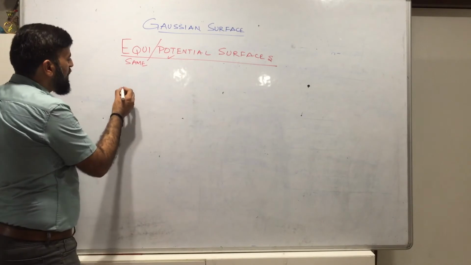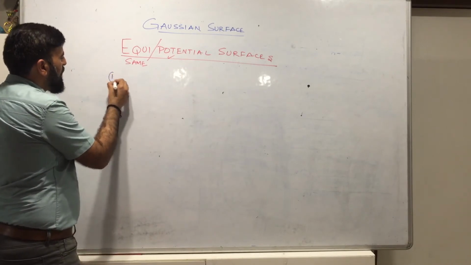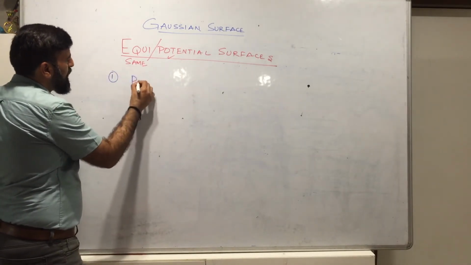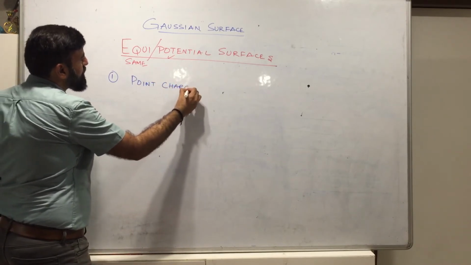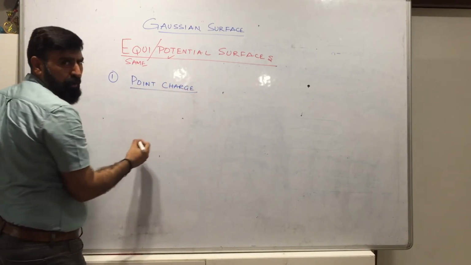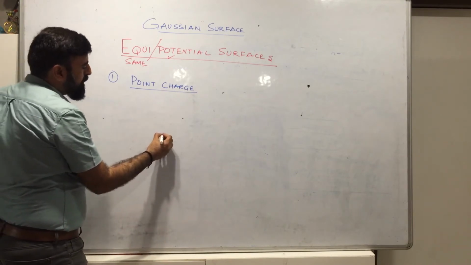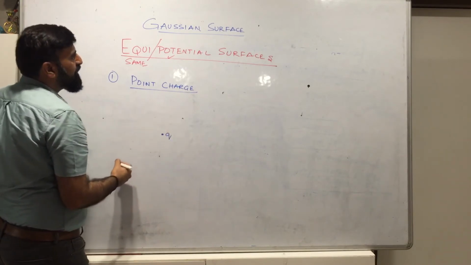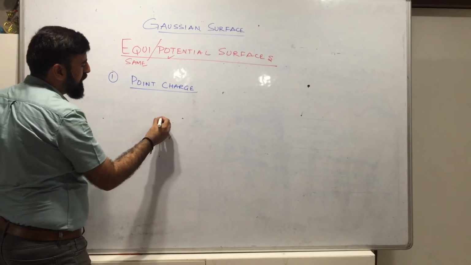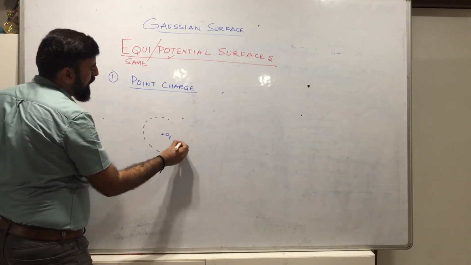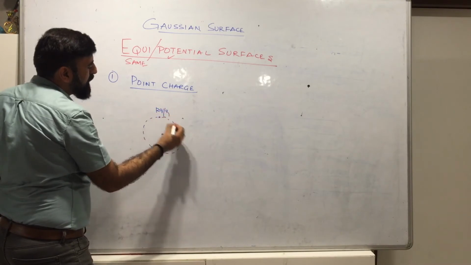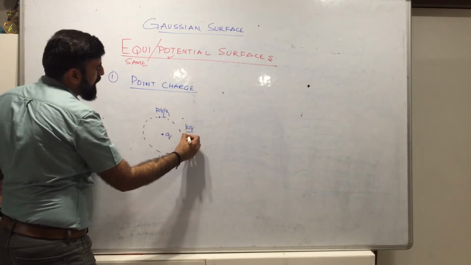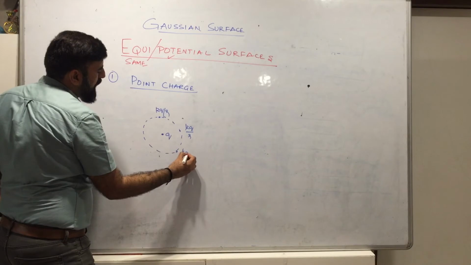Let's say I take a point charge. On the point charge, and I have to draw the equipotential surface, definitely I can draw kQ by r here, kQ by r here, kQ by r here.